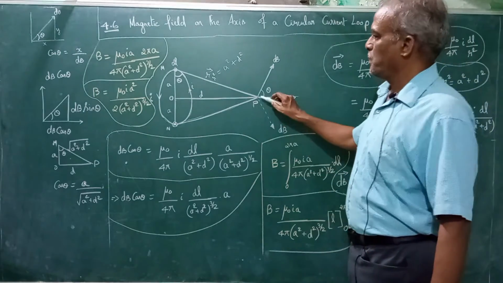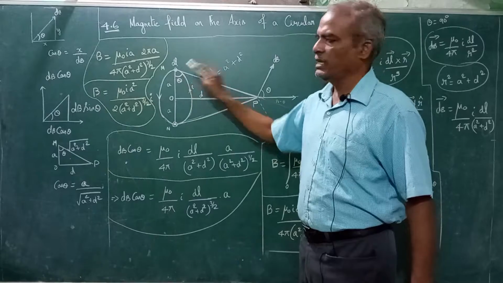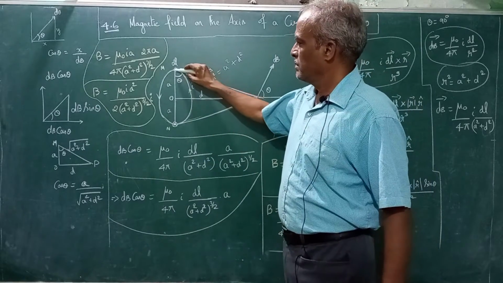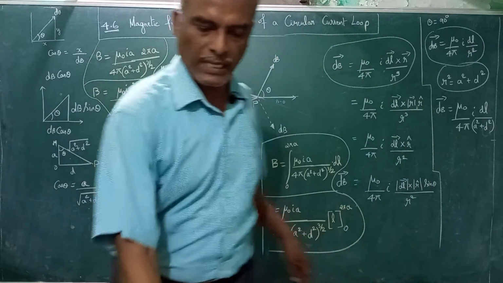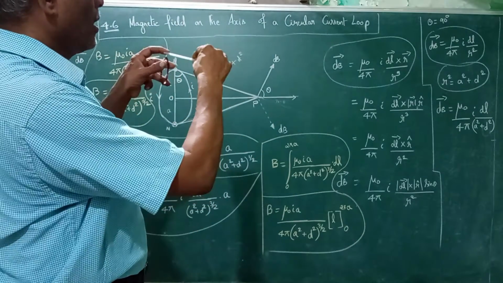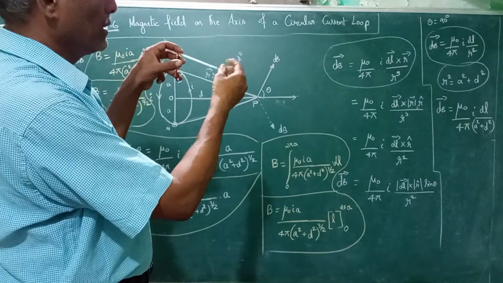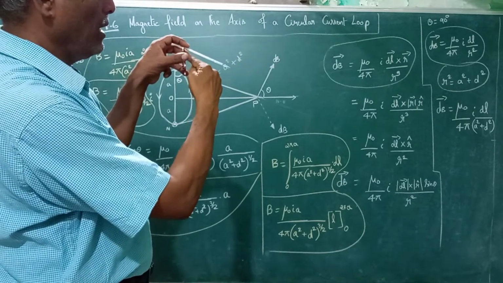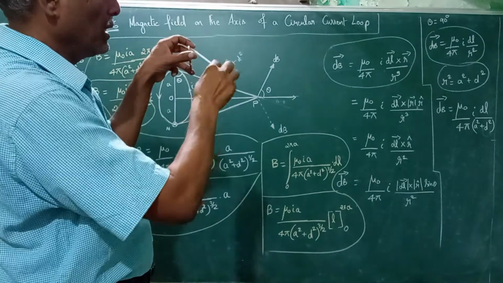Now coming to this point, this angle is theta. You have it like this, and from dl to the point like this. If you draw the plane, this plane is vertical.